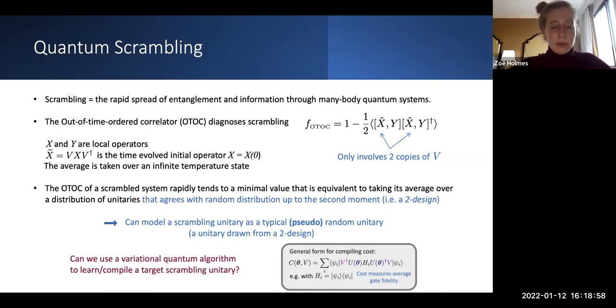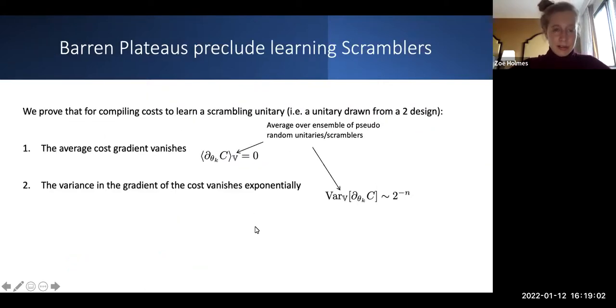Okay, so that's the question we wanted to ask. Can you use a compiling cost to learn a target scrambling unitary? And as you might have guessed, the answer is: not easily. We proved that for a compiling cost learning a scrambling unitary, modeled as a unitary drawn from a 2-design, the average cost gradient is going to vanish, and the variance in the gradient of the cost is going to vanish exponentially in the size of your problem.